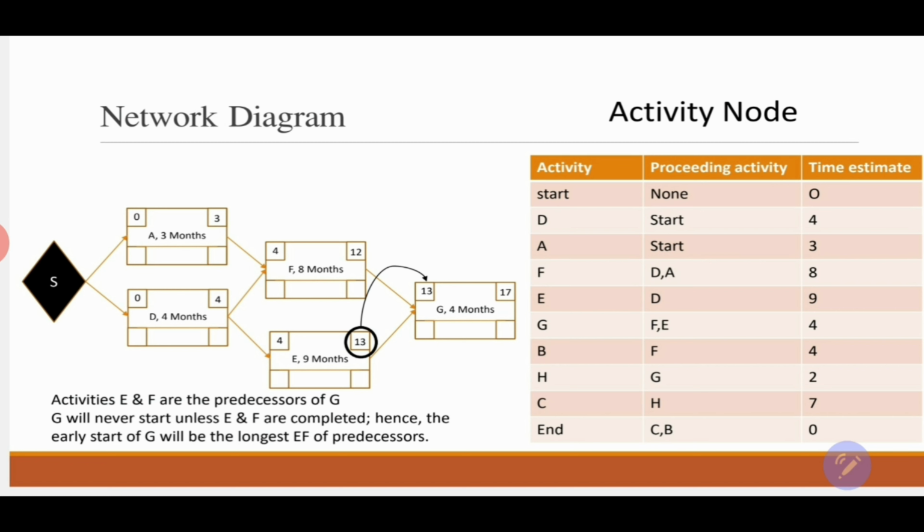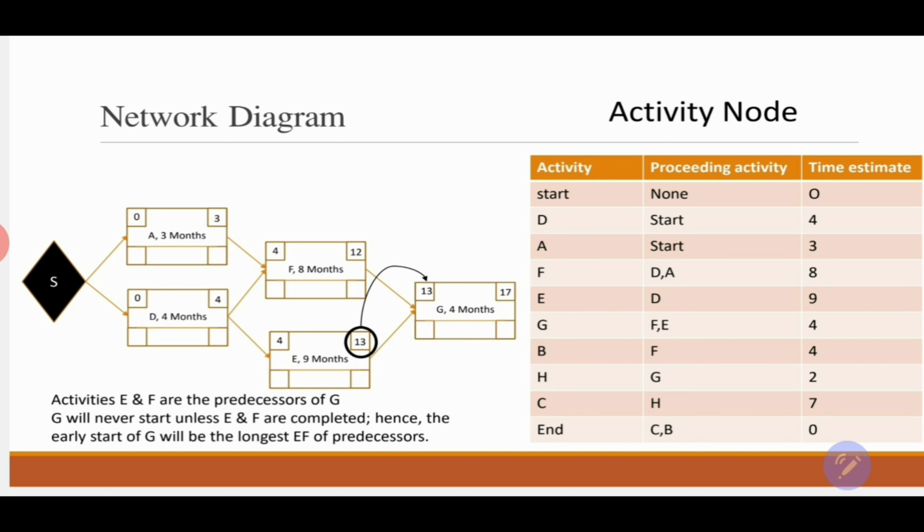The activity to follow is activity G, and here G has two predecessors, and again, let's take it as a rule. If we have an activity that has two predecessors or more, we have to look at the early finish of all these activities, and we need to select the longest early finish of the predecessors, and that's going to be the early start of the successor.